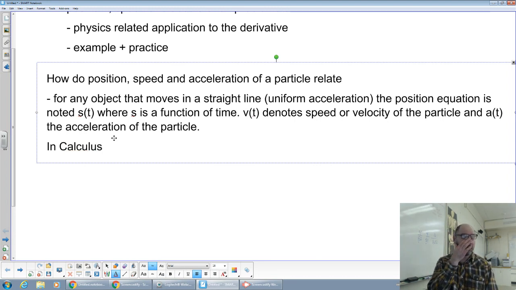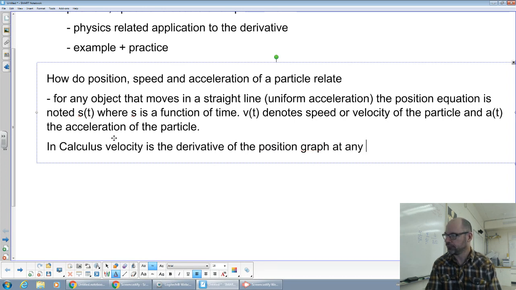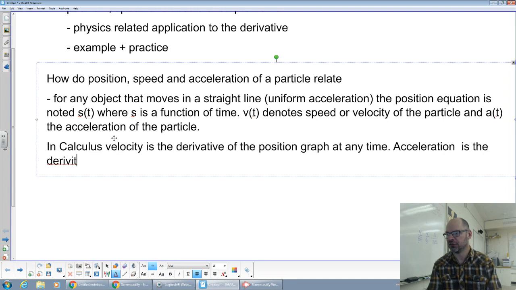Because derivative is a slope of a graph at a particular point, if you remember that velocity is the slope of a distance time graph, from physics, we can say that in calculus, if you have S, if you want to find V(t), velocity, is the derivative of the position graph at any time that you might have, and acceleration is the derivative of the velocity graph. Because acceleration is the slope of a velocity time graph.